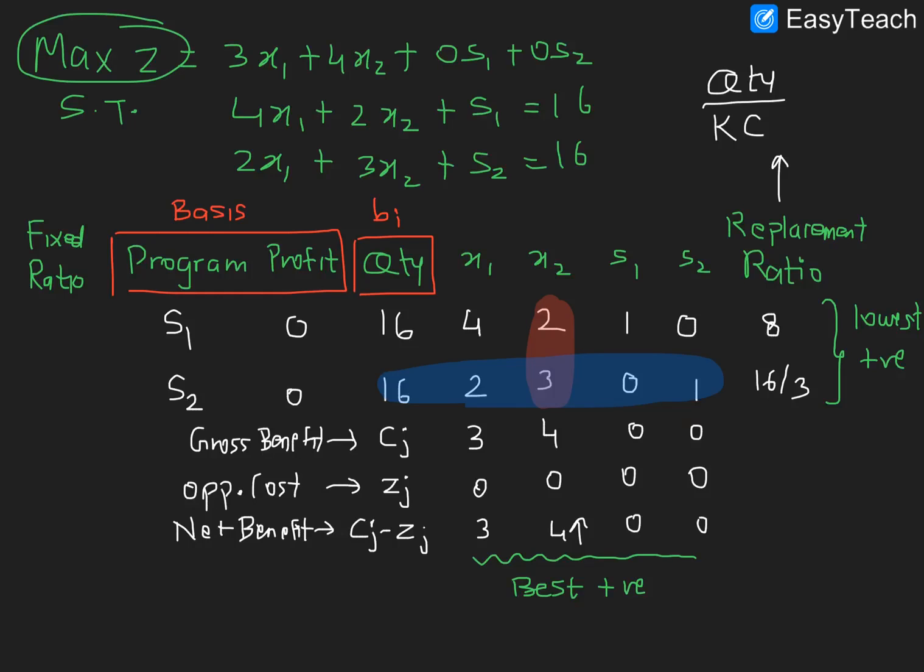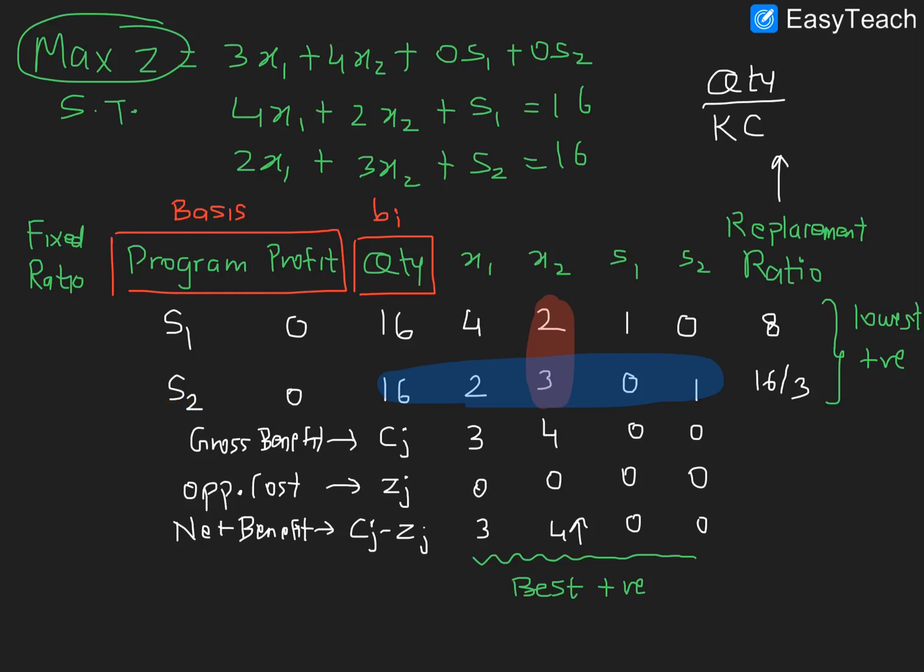Now think logically, guys, and tell me, suppose if I produce 16 by 3 units of x2, which of my resources will be fully consumed? Because as we decided, the lowest needs to be considered. You're right, the fully consumed resource is going to be S2 or the laborers.